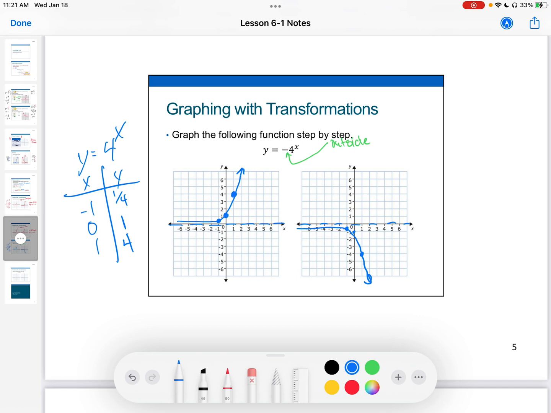So there's an example of an outside flip. Same as before, domain is still all reals. Now my range, though, I don't have a lowest point anymore. I'm still dealing with y's. I'm still with 0, because 0 is still where the asymptote is. But now all of my y values are less than 0.